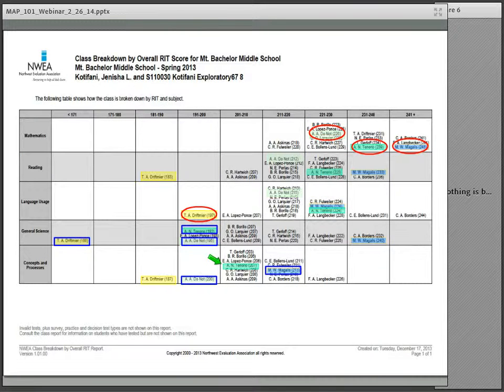All right. So what we really want to look at next is the idea that while we have all of these students, let's look at just reading, since we were talking about reading earlier.